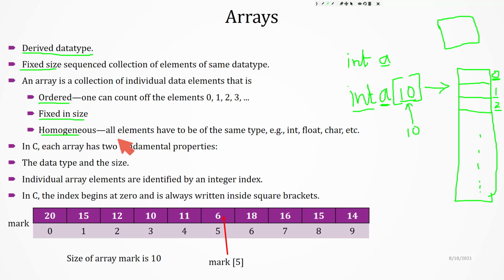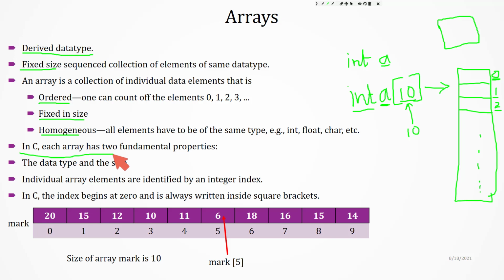Homogeneous means all elements have to be of the same type. If we declare an integer array, we can store only integers in those locations. Here the size is 10, so I can store a maximum of 10 integer values.